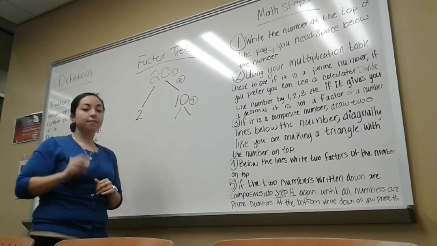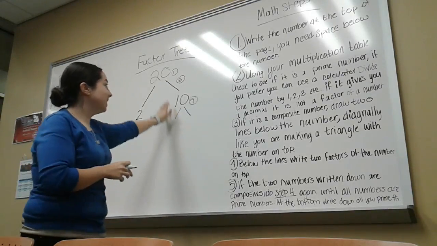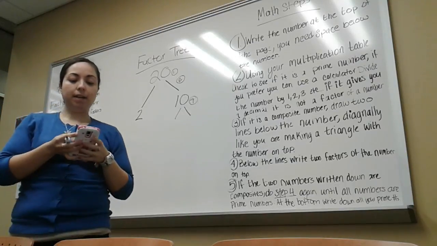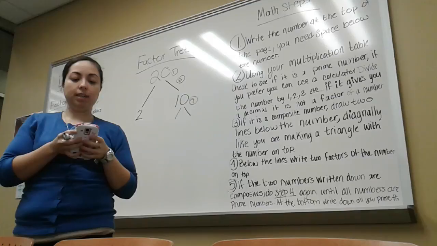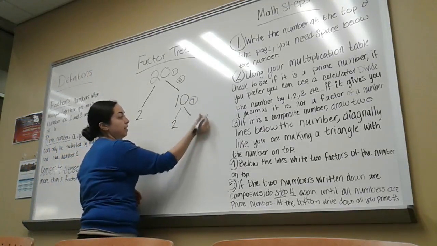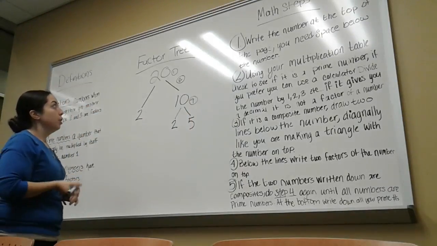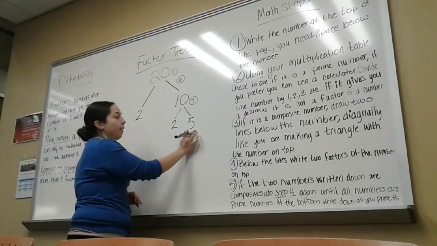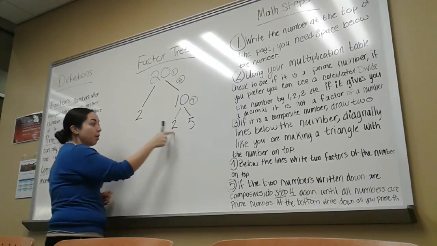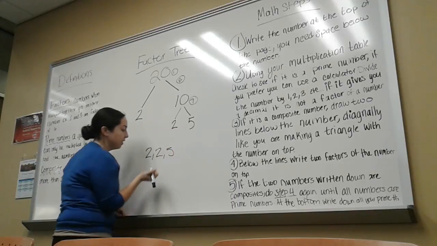We'll put in 2 again because it is an even number. 10 divided by 2 gives me 5, so it is a whole number. So 2 and 5 are the factors of 10. In our factor tree, what we're looking for is that all the last numbers be prime numbers. When we have them all prime, we write it down, and that is our answer.